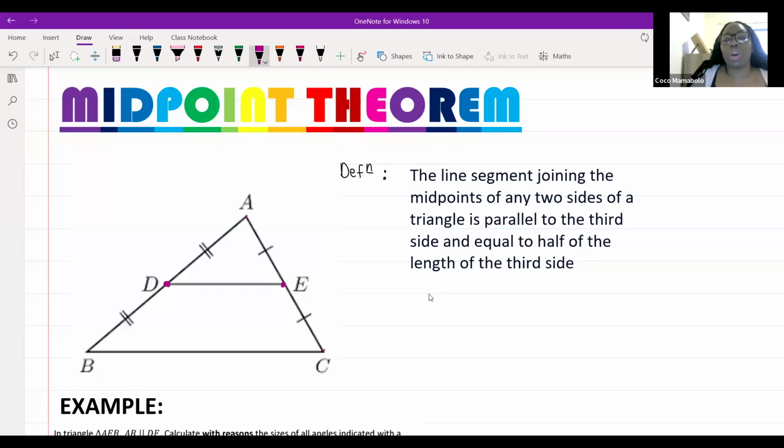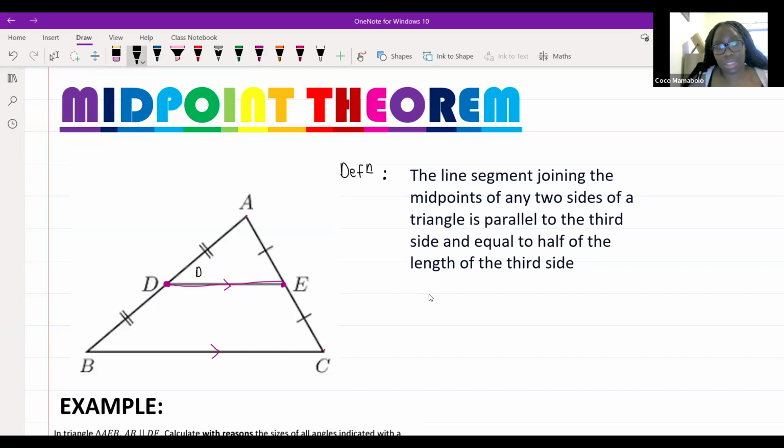If I join these two with a straight line, then that tells me that the line DE is parallel to line BC and that DE is half the size of BC.